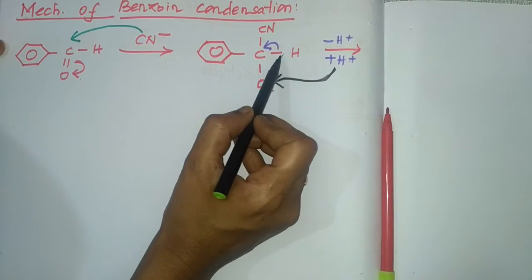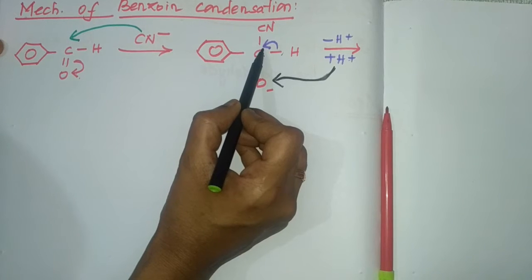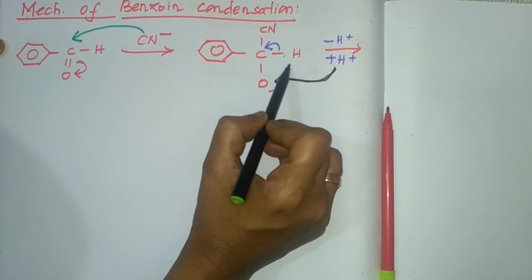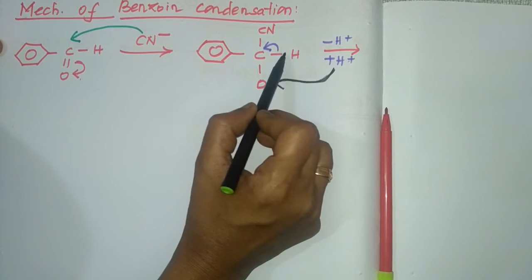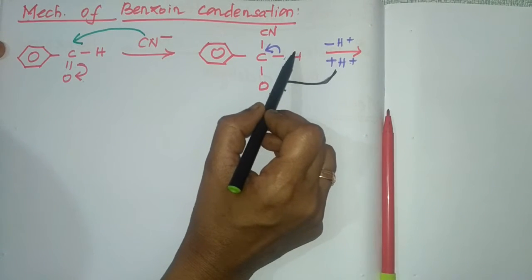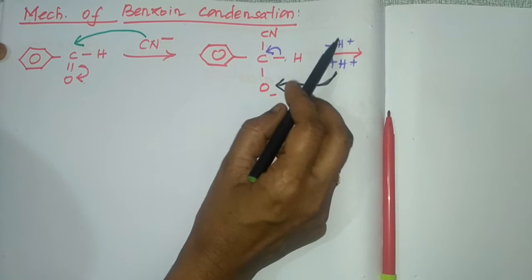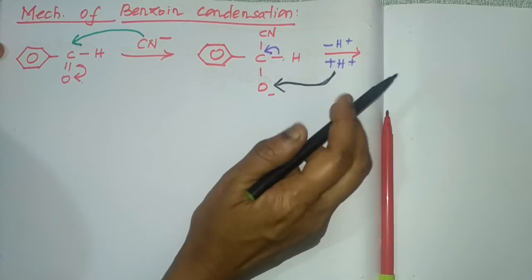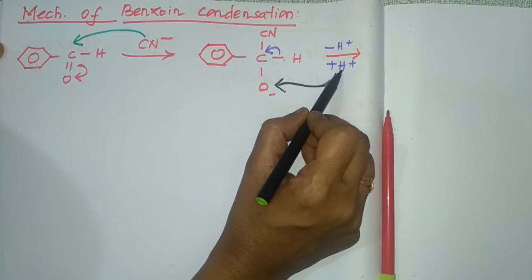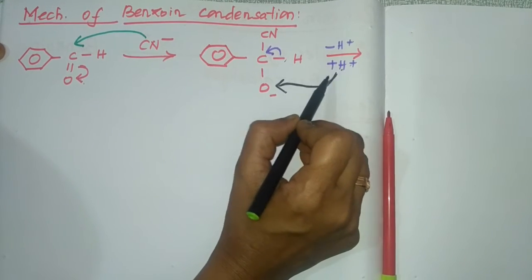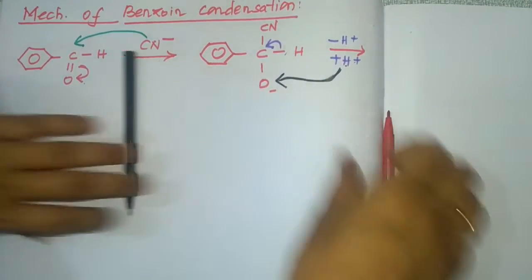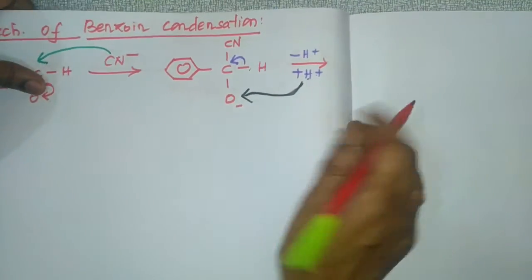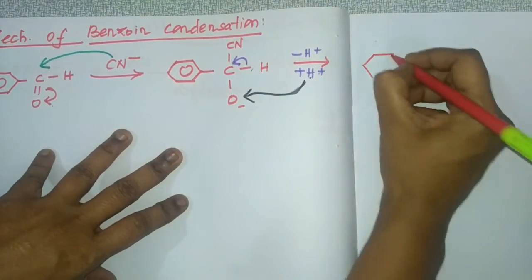The electrons will be taken by this carbon, and this hydrogen will get removed. Because of the polarity, it will be removed in the form of H plus, and the added H plus will combine with O minus. Okay, and the product formed will be the same. This one I am writing.